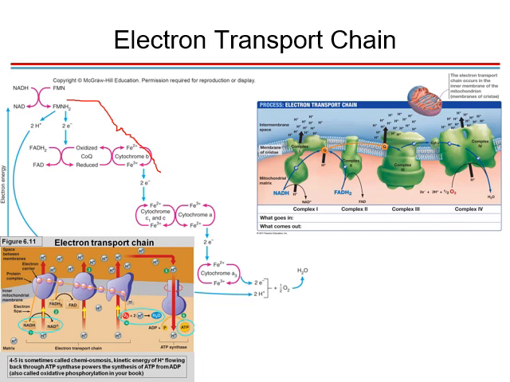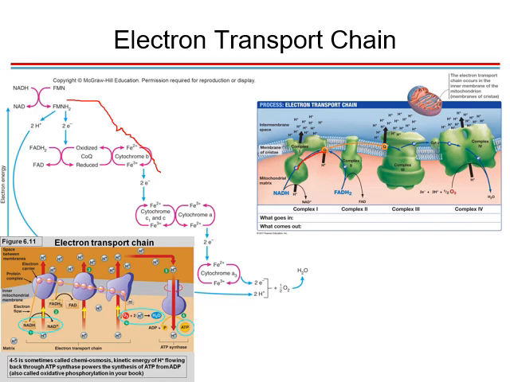One other thing to remember is when one of these complexes is already reduced, it can't now accept more electrons. It has to be oxidized before it can accept more electrons. And the electrons pass through in this direction, not back and forth from 1 to 2 to 3 to 4.